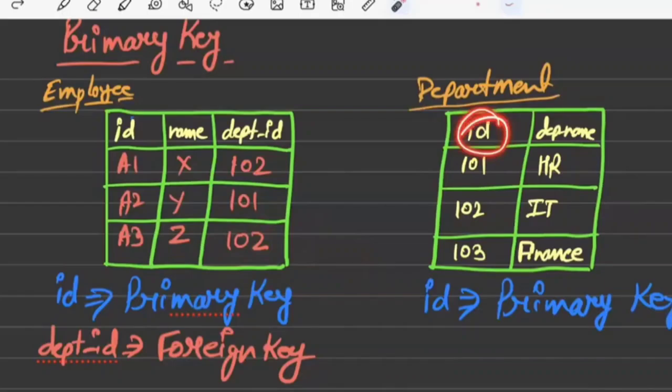This ID column is a reference in this table, that means we have to maintain this tightly coupled referential integrity. So these two things, the primary key and foreign key, right? Foreign key means any primary key column of a table which is getting referenced in a different table will be known as the foreign key.